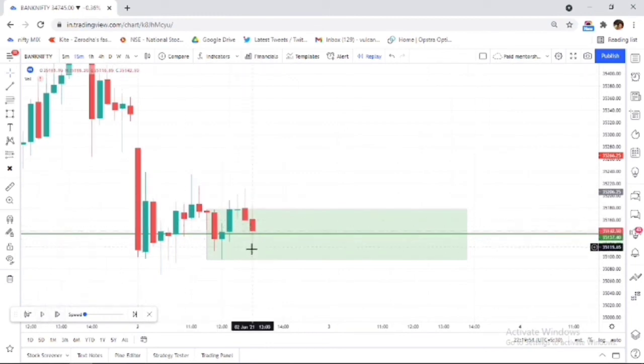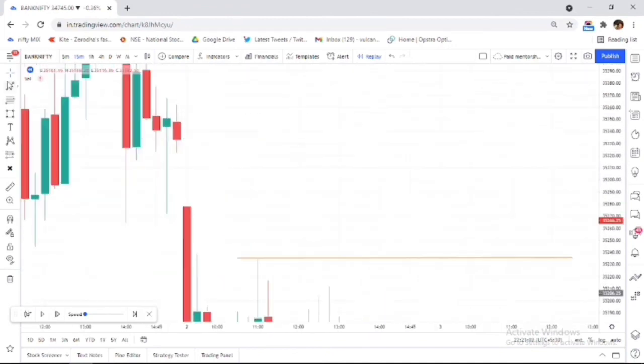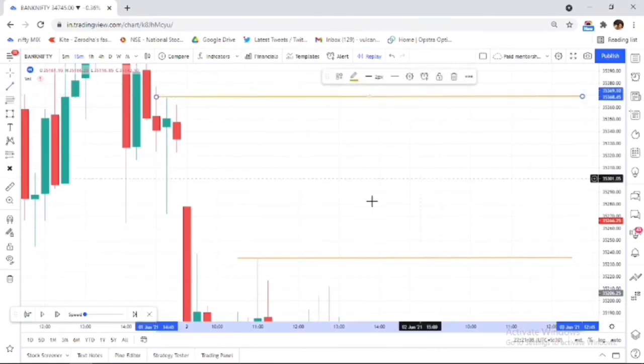See how the market behaves at my threshold line, and I will enter on the red candle for my bullish entry.